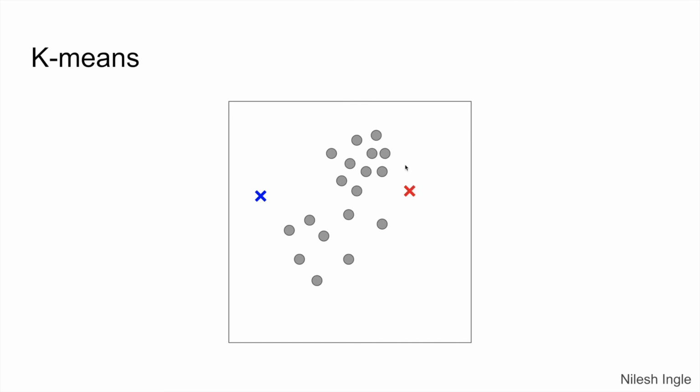These could be random initializations anywhere in the space, or they could be any two data points from the data set that we have. And this is a very important first step, because if the initializations are not optimal, the output could be totally different than what you would expect.